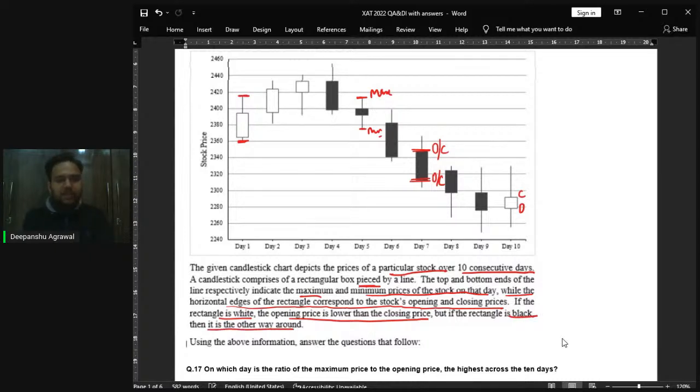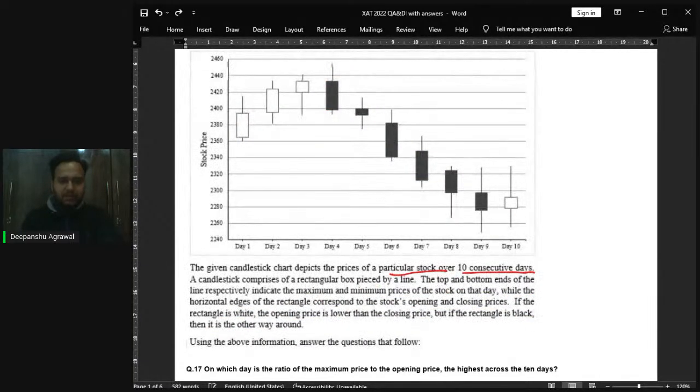So in the black rectangle, the opening price would be this and the closing price would be this. This also gives us a clue that all the black rectangles have degraded their value from opening to closing, while all the white rectangles have increased their value over the complete day. So this has to be remembered. Now keeping all this in mind, let's solve the question.